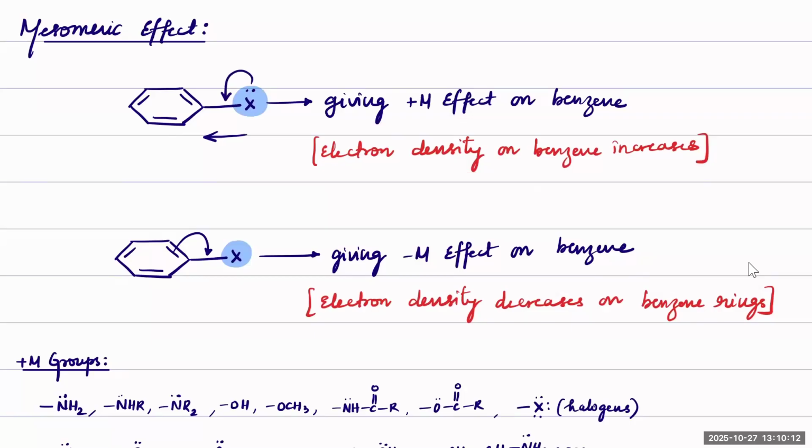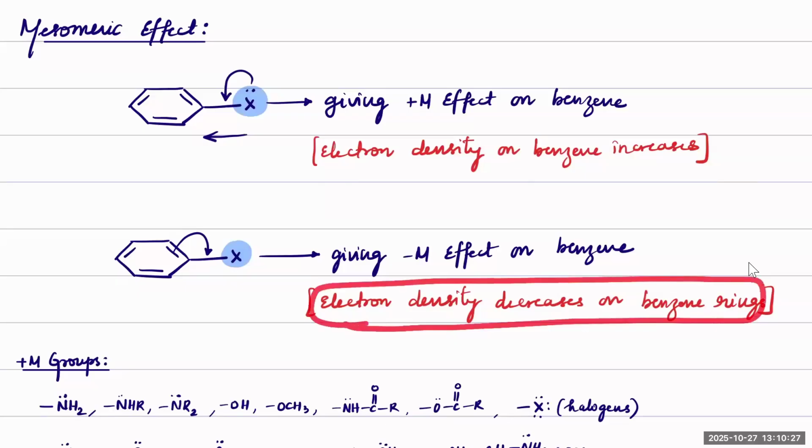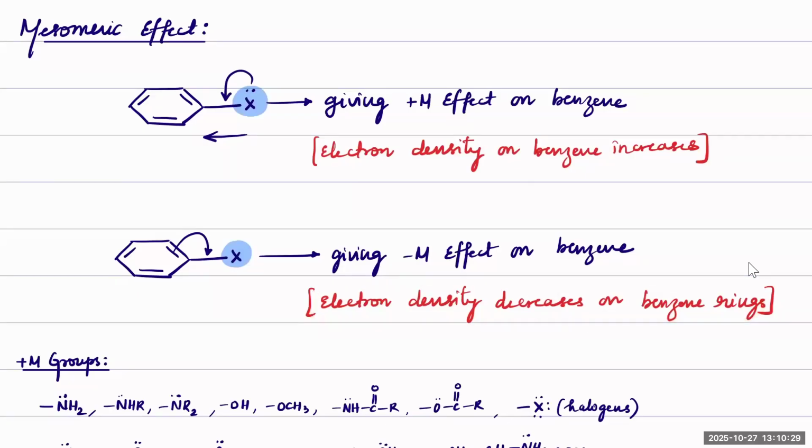While if there are no lone pairs on X, and it has some double bond character, then the double bond will shift onto X, thus giving the minus M effect. Minus M effect will always decrease the electron density on benzene. Okay, beta? Any doubt here? Plus M and minus M?